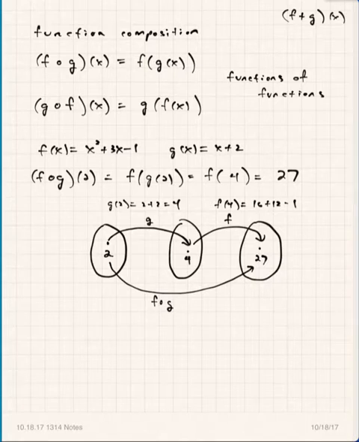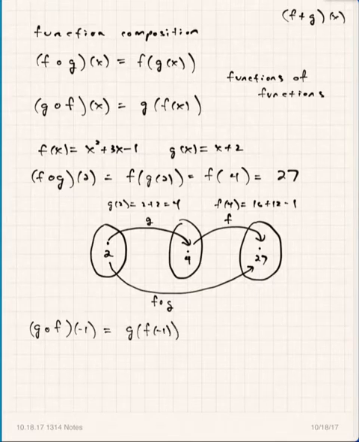Let's look at g circle f, g of f of negative 1. So by definition, this would be g of f of negative 1. Right, that's how we would define this. And then this says, what do we do first? We calculate f of negative 1 first. So f of negative 1, remember, here are our original functions.